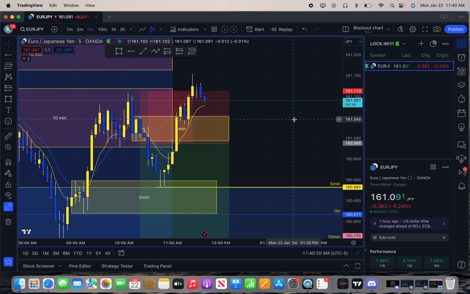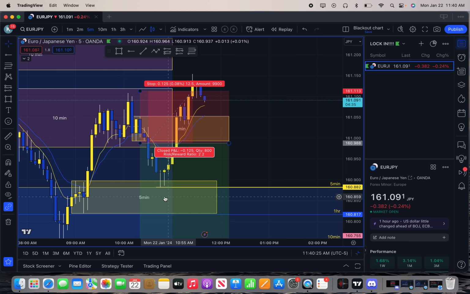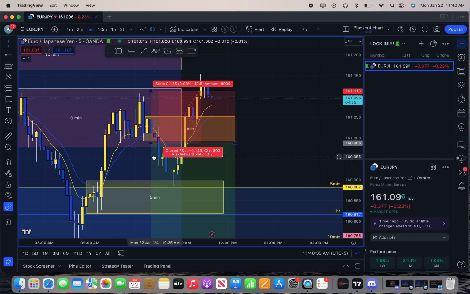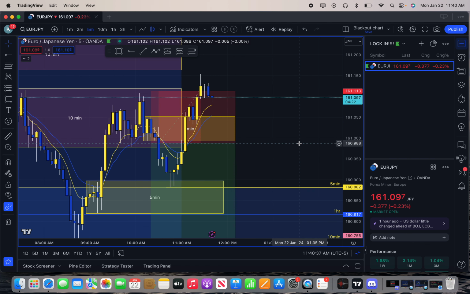You can't break your rules just because you got a feeling. Because the same way this reacted and pushed, it could have not done that. It could have reacted and fell down, or it could have never reacted and pushed straight through. So me trying to assume like, oh, I knew this one was going to hold. No, I didn't.